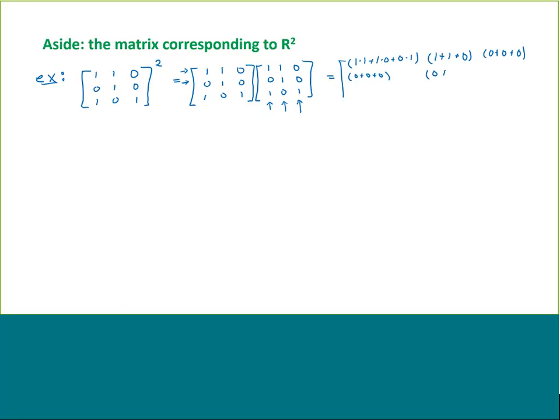The middle position is 1 times 1, so that would be 1. And the last position is 0 times 0, so that's going to be 0. Now, second row, third position, we have 0 times 0, so that's going to be 0. 1 times 0, that's going to be 0. And 0 times 1, that'll still be 0.